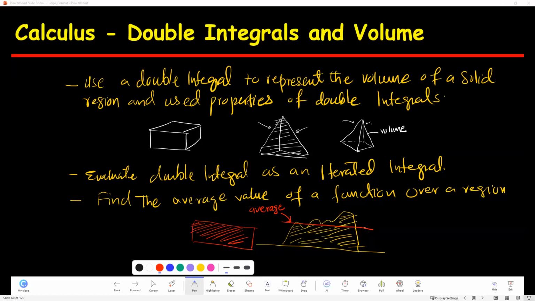So how can we do that? We apply the double integral if you have a function. And I want to know how you can find the volume. Definitely it could be a three-dimensional shape, right?